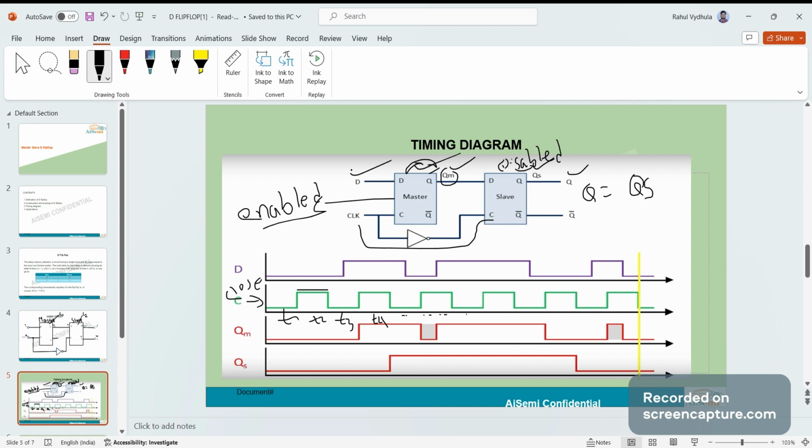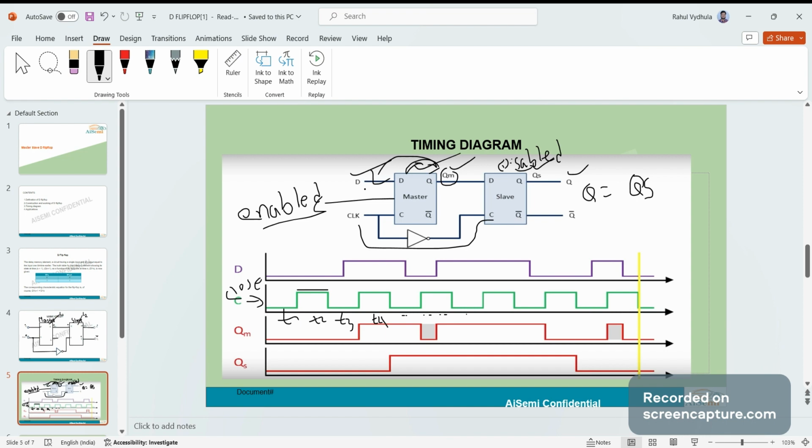While it is in the on condition, in the enable condition, the master D latch's Qm will change as per the input. The changing happens because the clock pulse is high, as we are considering.